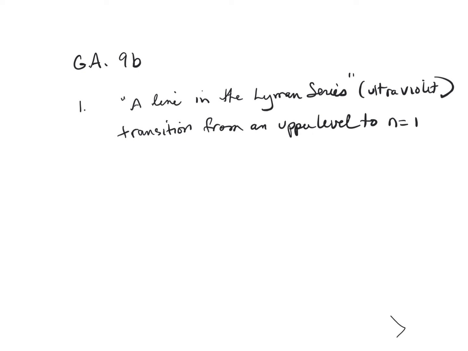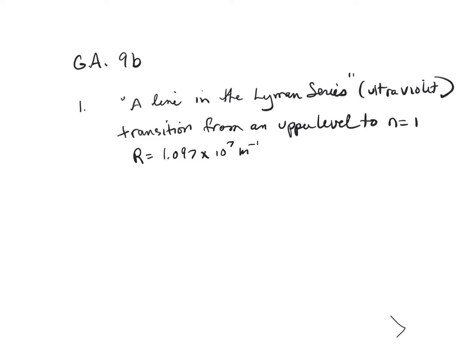So any ultraviolet transition will always be a transition from some upper level down to n equals 1. So you got 3 ways to know that this is ultraviolet, and n final is going to be equal to 1.